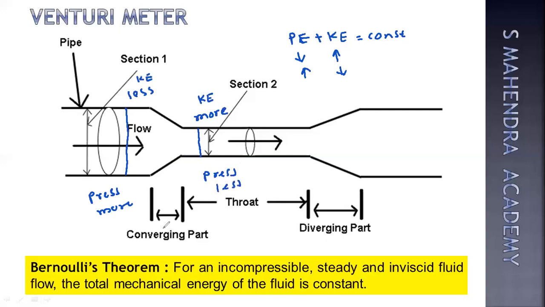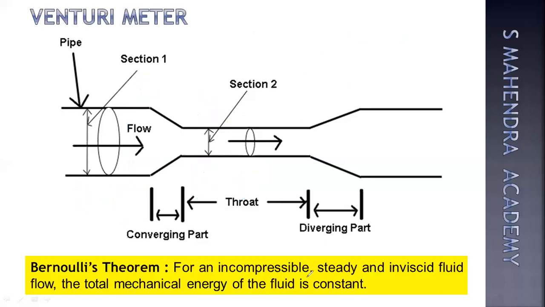And if we determine the difference between the pressure at inlet, means before the converging part, and the pressure in the throat, then we can calculate the flow rate of the fluid flowing through the venturimeter.